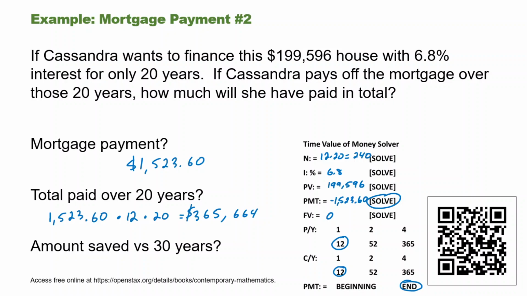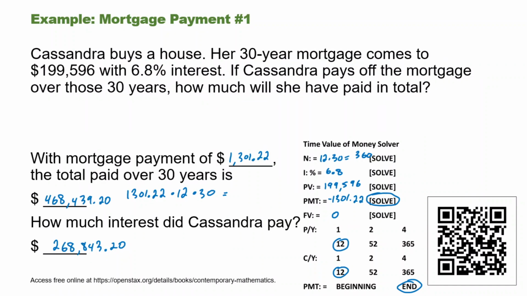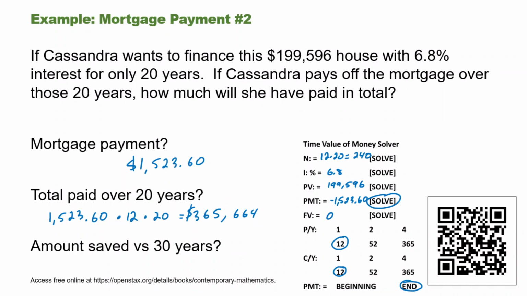Well, if we look back, the amount that we would spend in total over 30 years, $468,439.20, as opposed to, in this scenario, spending $365,664, then that means we have saved, if we subtract those, $102,775.20.